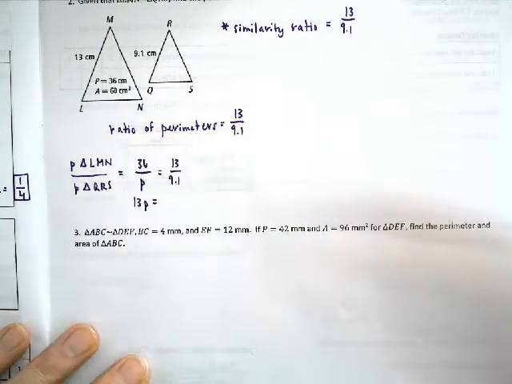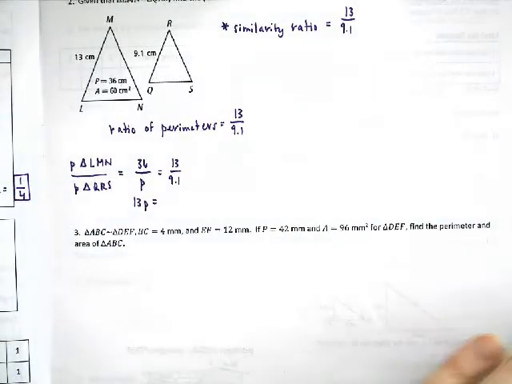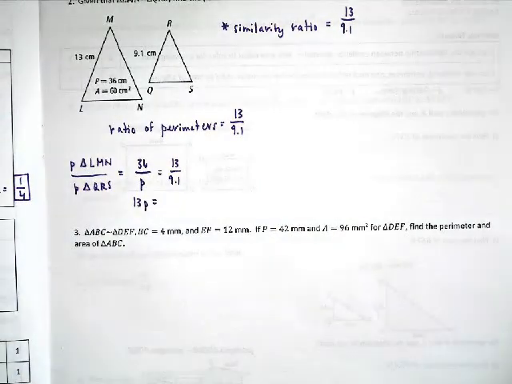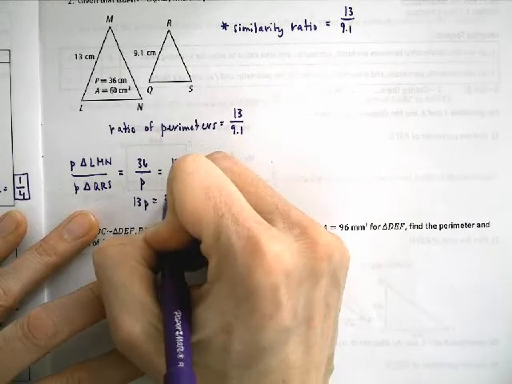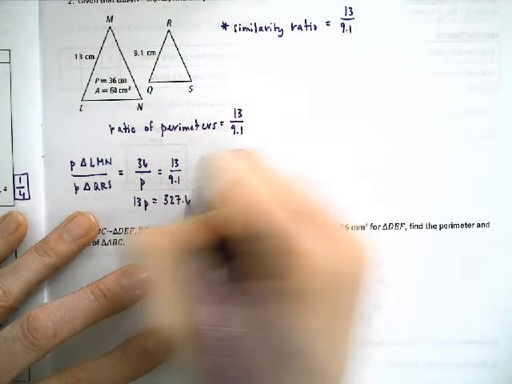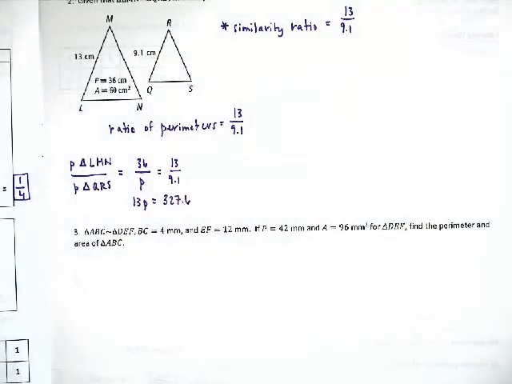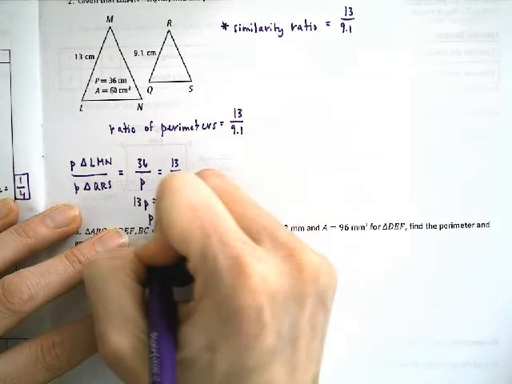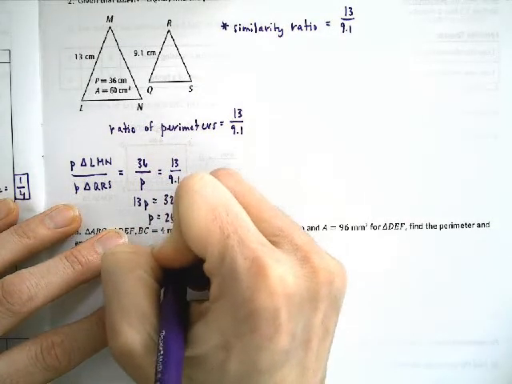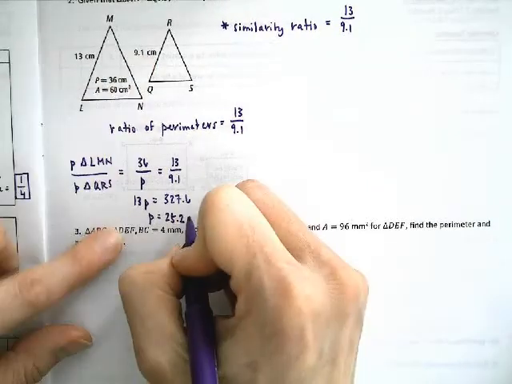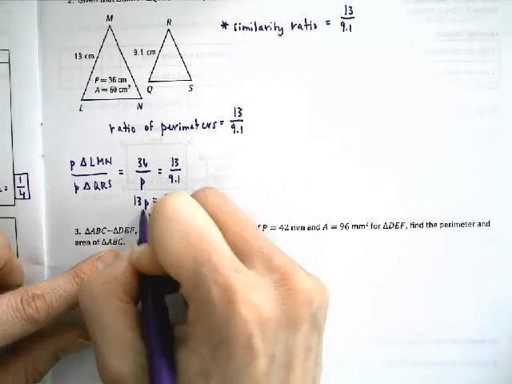So again, we're going to cross multiply. 13P is equal to 9.1 times 36, which is 327.6. And if I divide by 13, I get the perimeter is 25.2, and in this case our units are centimeters.